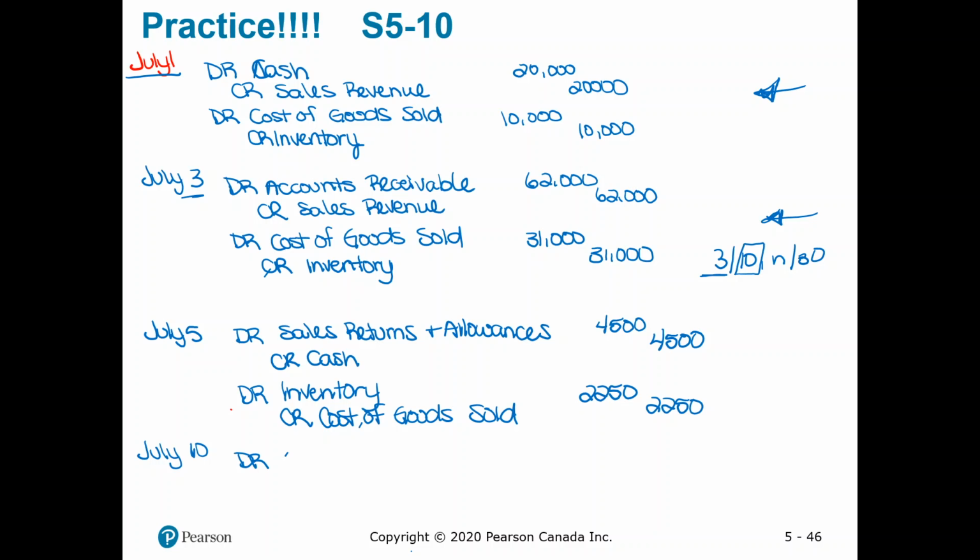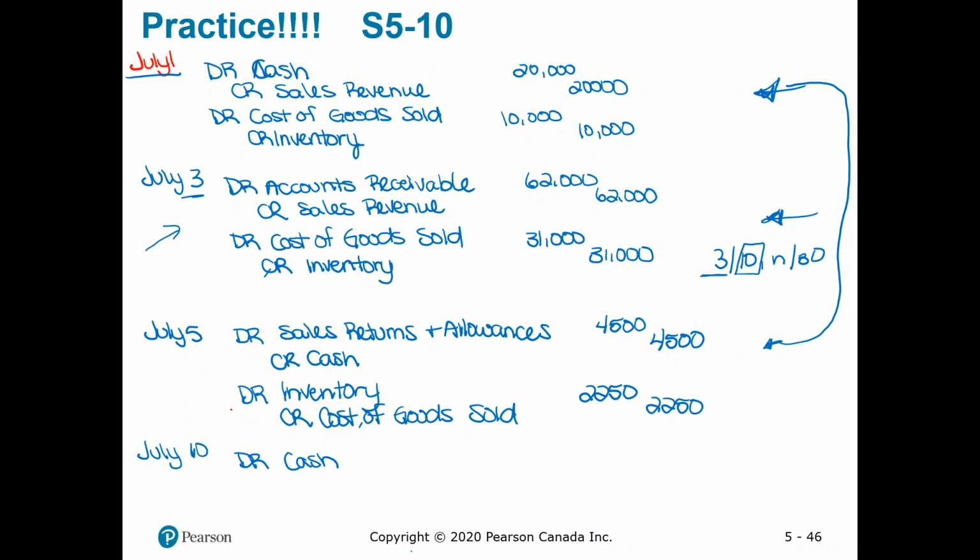So we're collecting money, so we are going to get cash. We're also going to reduce our AR. But first, we need to figure out the discount amount. So the return that we had here on July 5th related to the sale on the 1st. That means there's been no returns or allowances to our July 3rd.